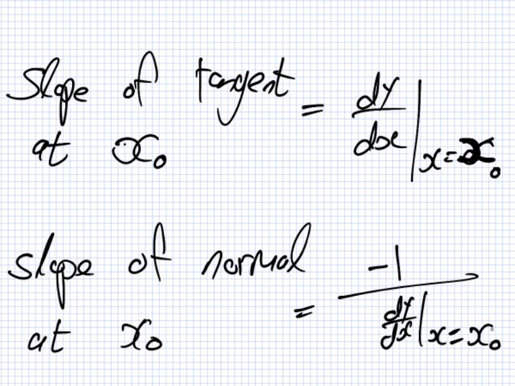How many questions do you want? Be honest. What about 4? Sounds good. 2 tangents and 2 normals, yes? So you could do like 1, 2, and then 9, 10.